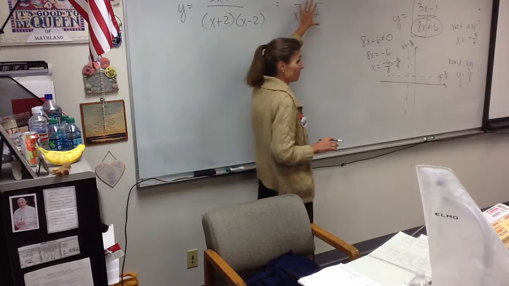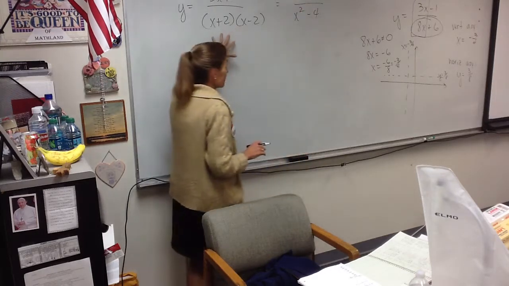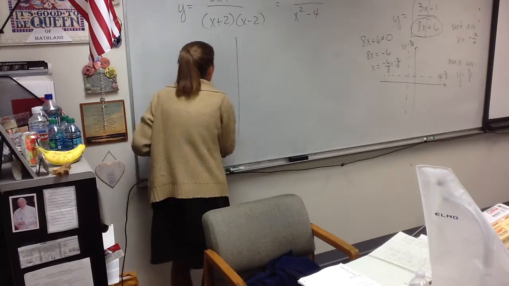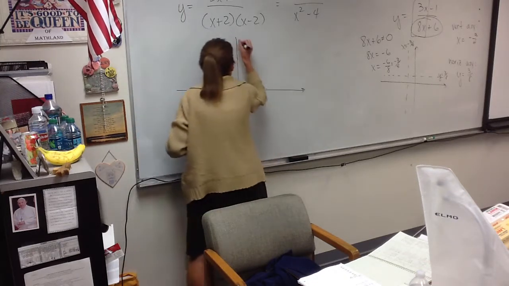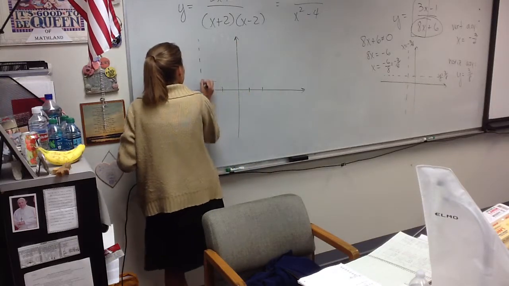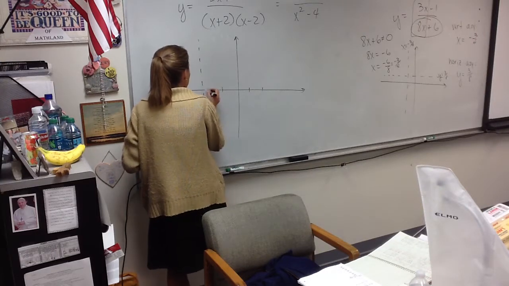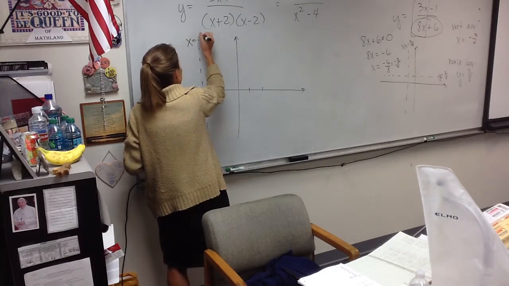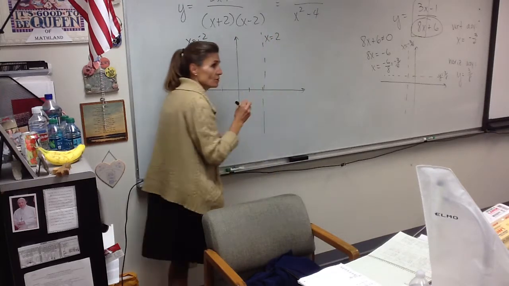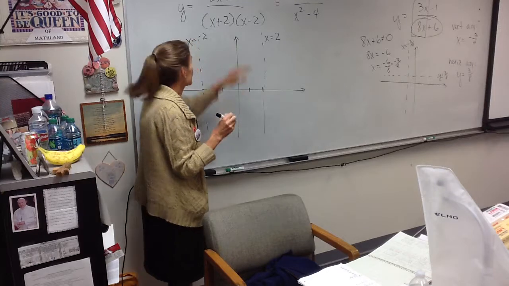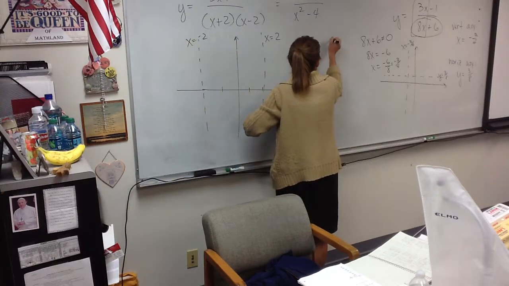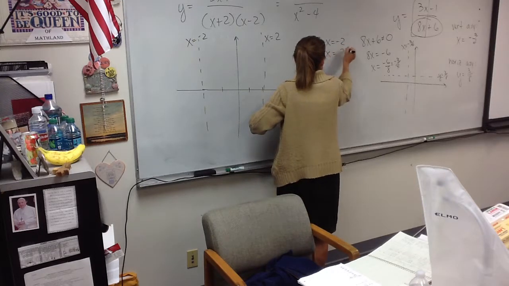Here's the original problem, but I went ahead and factored the denominator. Does anything cancel? Which means, since nothing cancels, I'm going to have a vertical asymptote at -2 and a vertical asymptote at +2. Does everybody see that? So I have two vertical asymptotes. X equals -2, X equals +2.